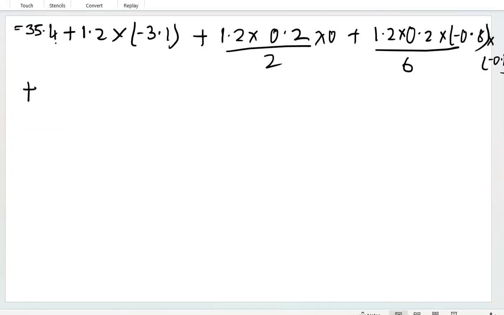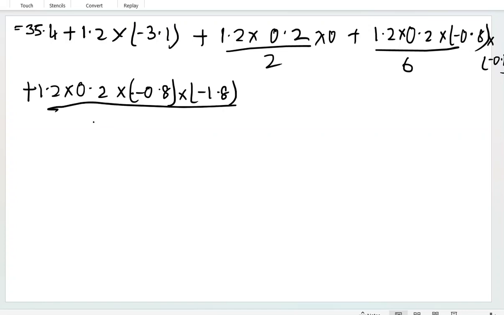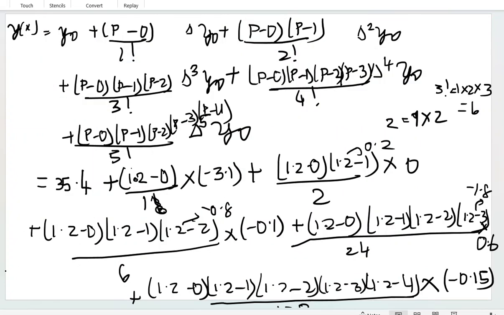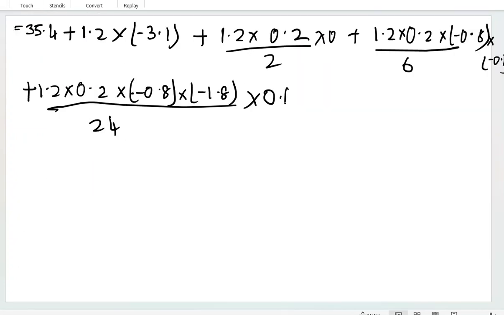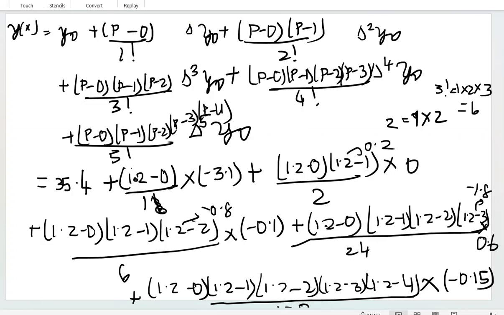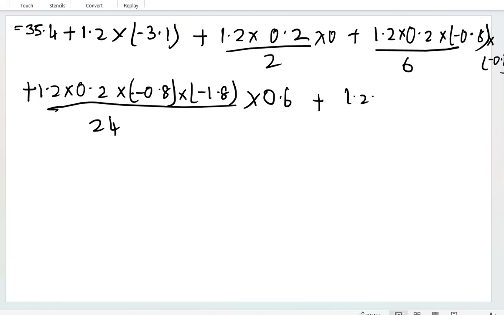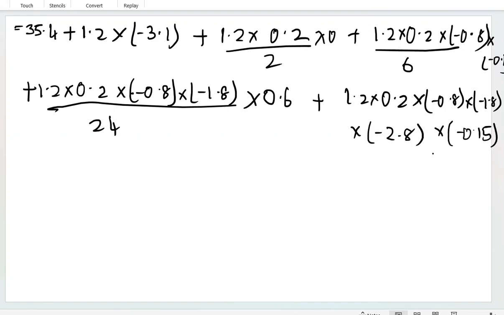So you get 1.2 into 0.2 into minus 0.8 into minus 1.8 upon 24 into the value which is 0.6, and then you have the last value which is 1.2 into 0.2 into minus 0.8 into minus 1.8 into minus 2.8 into minus 0.15 upon 120.